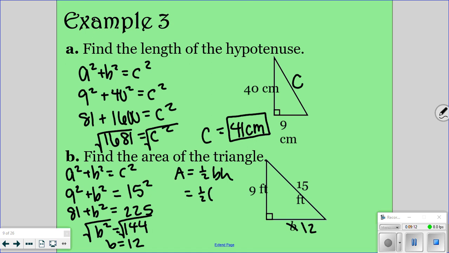So 1/2, the base is 12, and the height is 9. So if you multiply 9 times 12, you get 108, and if you take half of that, you get 54. You could also do 1/2 times 12, which is 6, times 9, which is 54. Either one of those would be fine with me. And so 54 feet squared would be your area.